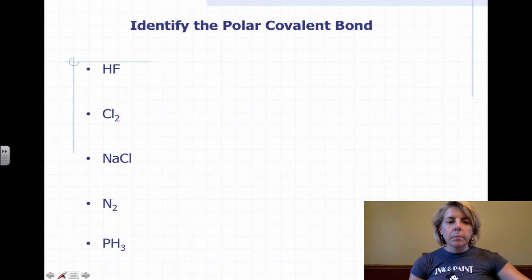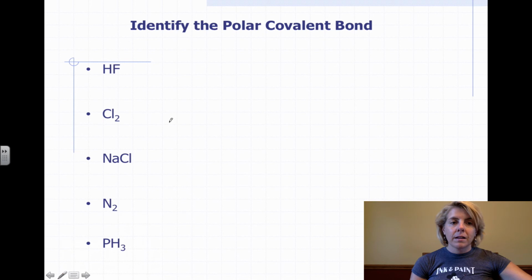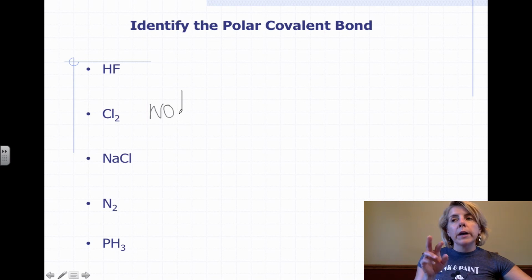Okay, is it polar? No, it is not polar, because when you have two atoms that have the same electronegativity, they're going to share their electrons. Remember that example we saw in the beginning with hydrogen? Hydrogen bonded to itself, it's sharing its electrons equally, so it is not polar covalent. It is covalent, but not polar.